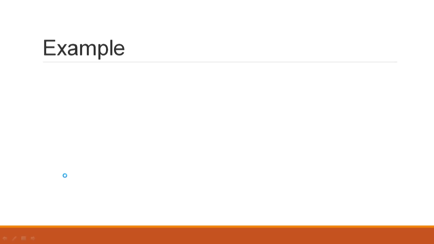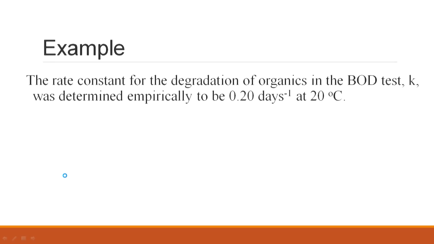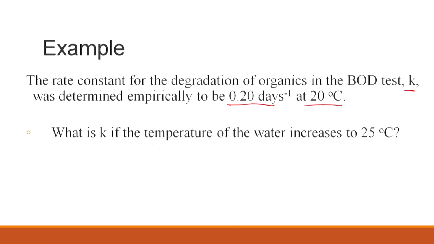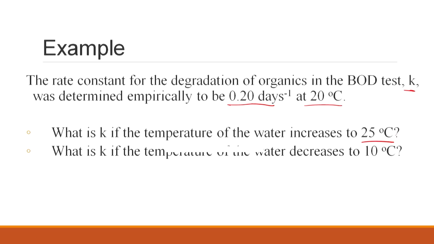So, that is what we have, and the example: the rate constant k was supposed to be 0.2 per day at 20 centigrade, and what is k if it increases to 25, and what is it if it decreases to 10. So, I think we had that, right. K at 20 degrees was 0.20, into theta to the power of T minus 20. So, that is going to be your k at a particular temperature. It is pretty straightforward, so we can leave the calculations aside.